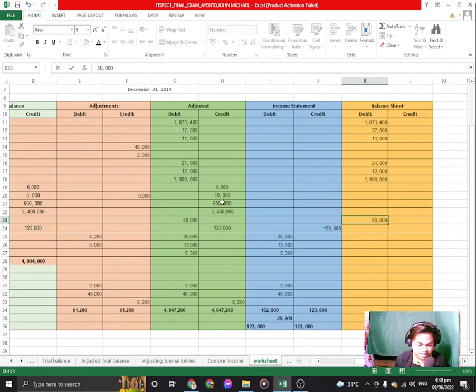And then, copy lang po nato ni siya o kini na area. Okay, copy. We have the 6,000 pesos. We have 10,000 pesos for the credit. Mura man ang na-balance. Then, ato ang total na capital, we have 3,400,000 pesos. Okay.